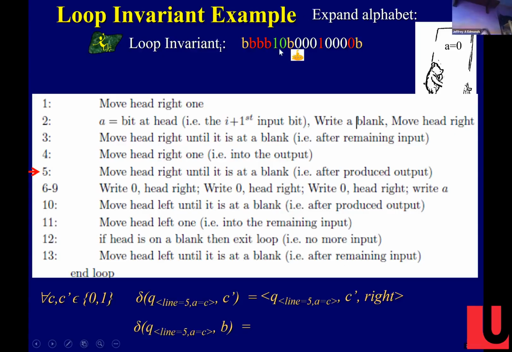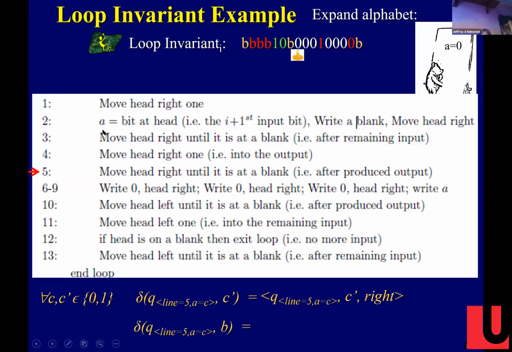So we know we're going to eventually hit a blank. Okay, gotcha. Thank you. But yeah, you're right. I'm not guaranteeing this program works. I'm just doing what the program does. Certainly, if it ran right until there was a blank and there was no blank, it would run forever. We have to trust our picture that the input started off as finite and that we're going to hit a blank.